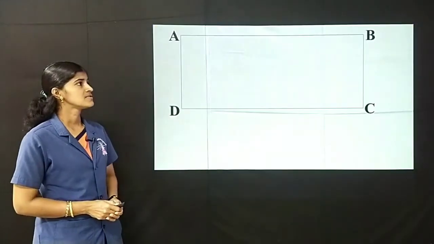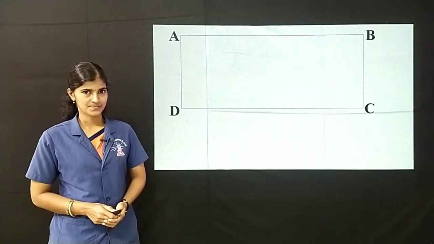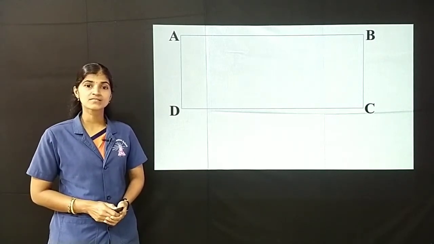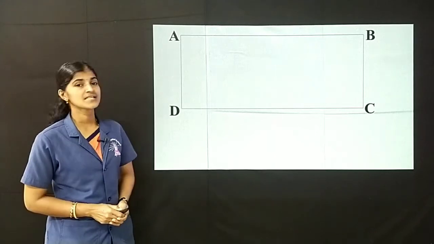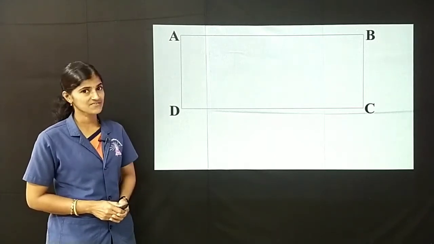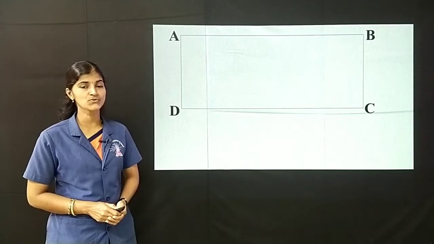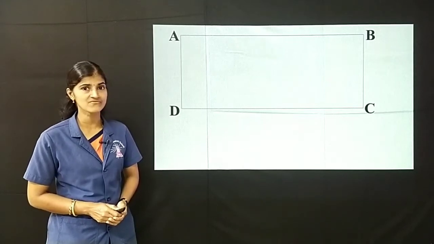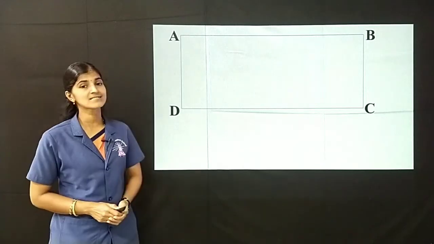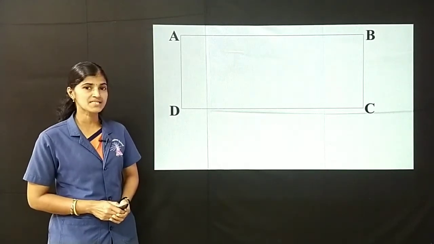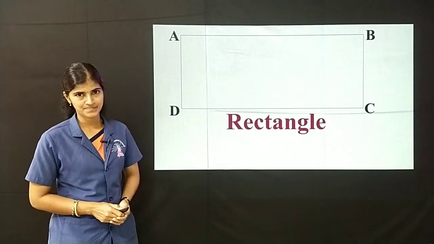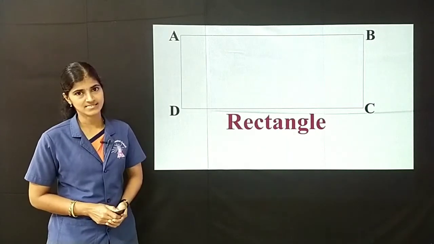Now, here is a quadrilateral that we call by a different name. The quadrilateral ABCD has 4 sides, as I have told you, a quadrilateral will have 4 sides. This quadrilateral ABCD also has 4 sides and we name it a rectangle.